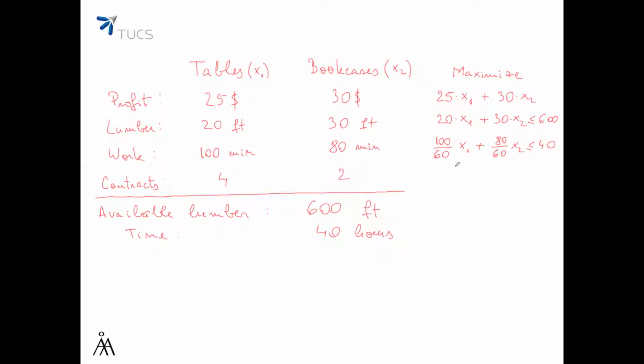This can be simplified and rewritten into 5 over 3 x1 plus 4 over 3 x2 is smaller than or equal to 40, but I can also rewrite this one more time as 5x1 plus 4x2 smaller than or equal to 120. And obviously he has to make at least as many as his contracts require, so clearly we will have to ask that x1 is at least 4 and x2 is at least 2.